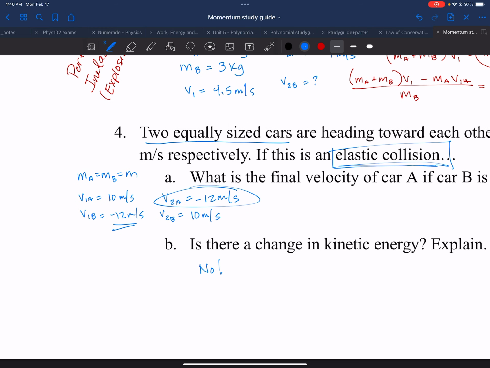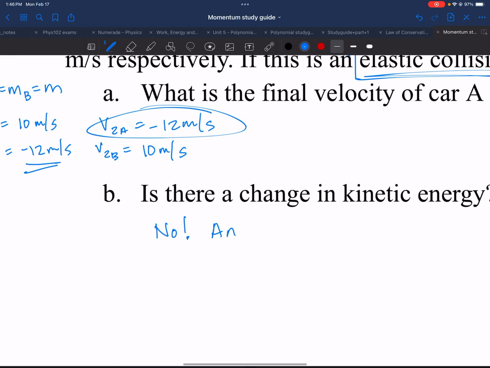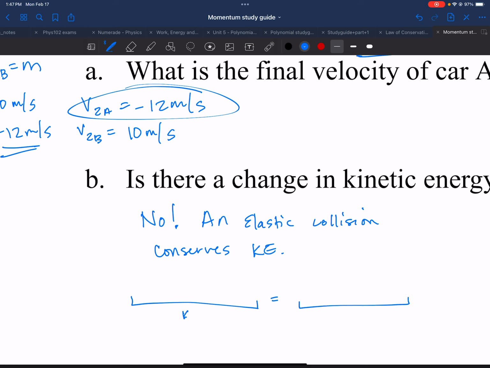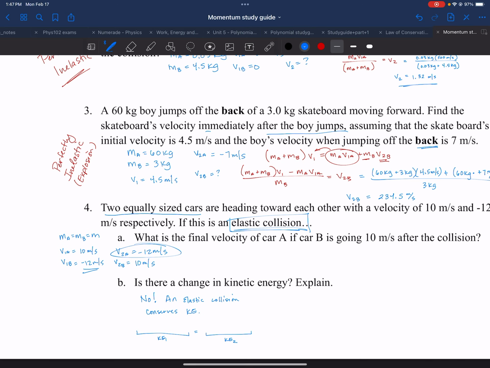No. An elastic collision conserves kinetic energy, but you're talking about the kinetic energy before and after, the total, so KE1 and KE2. All right, so that is the conclusion of our second page.